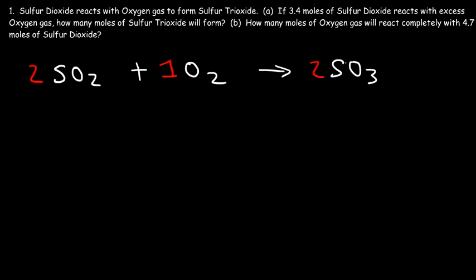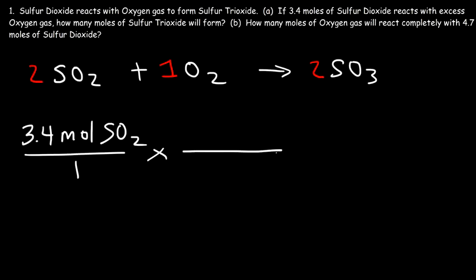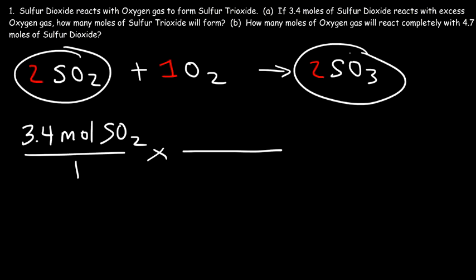Now, we're given 3.4 moles of sulfur dioxide, and we want to convert it to the moles of sulfur trioxide. So what we need to do is use something called a molar ratio. The molar ratio between sulfur dioxide and sulfur trioxide is 2 to 2.